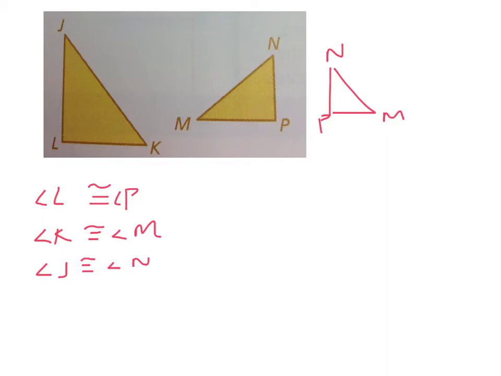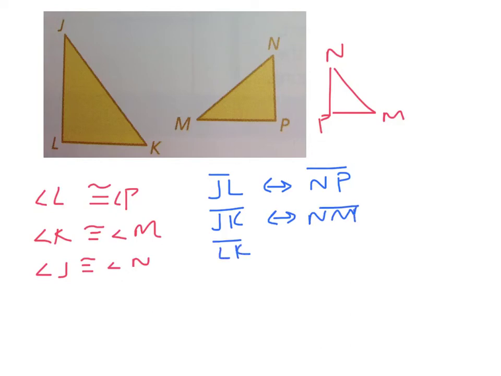We know that line JL is similar to NP, JK is similar to NM, and LK is similar to PM, corresponding.